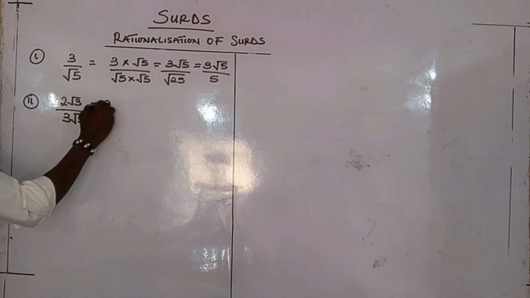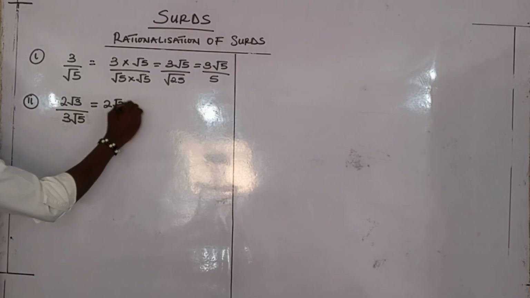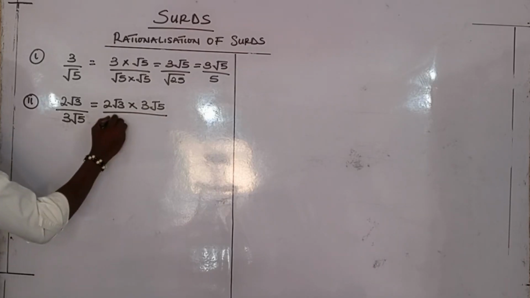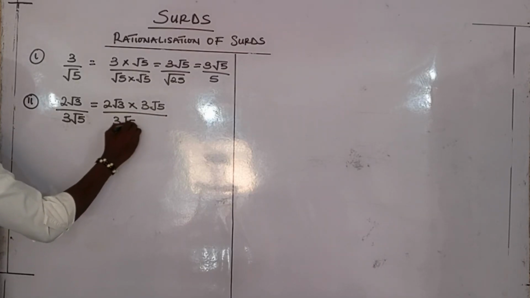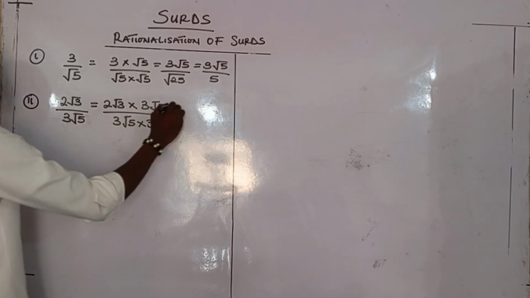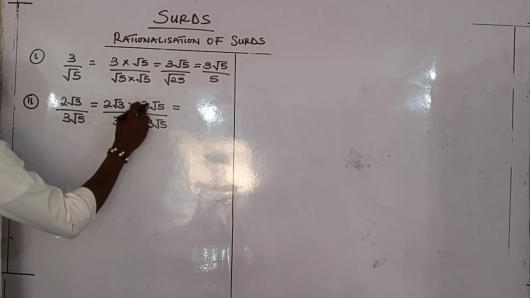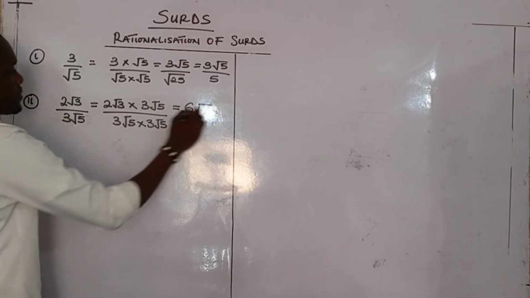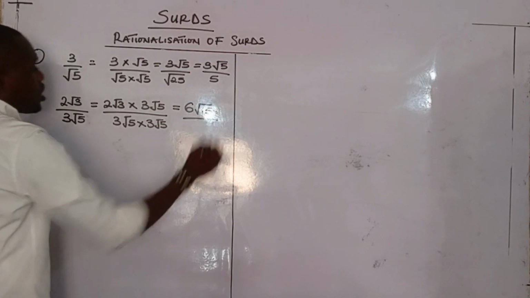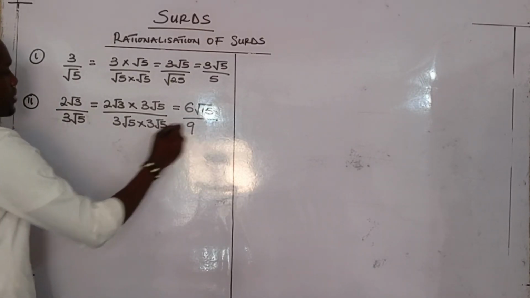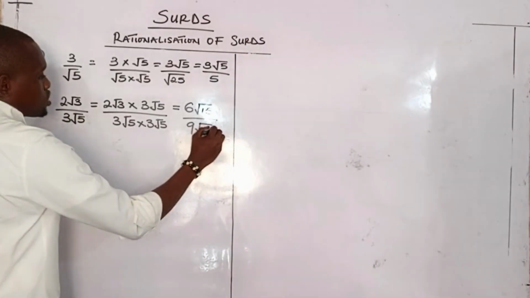So you are going to have 2 root of 3 multiplied by 3 root of 5, all over 3 root of 5 multiplied by 3 root of 5. So 2 times 3 is 6, then root 3 times root 5 gives us root 15, all over 3 times 3, which gives us 9, then root 5 times root 5 gives us root 25.